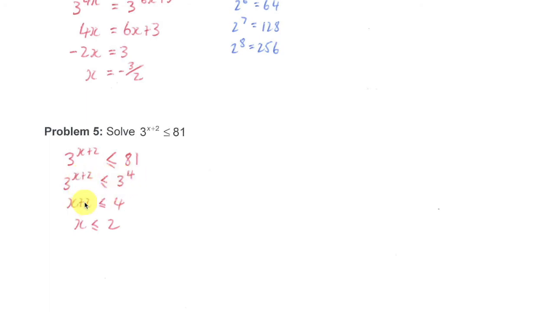So x plus 2 must be less than or equal to 4. Take 2 from both sides, and I get x is less than or equal to 2. Remember that your inequality remains the same, so the sign remains the same, unless you multiply or divide by a negative number. If that happens, then you need to change the direction of the inequality sign.